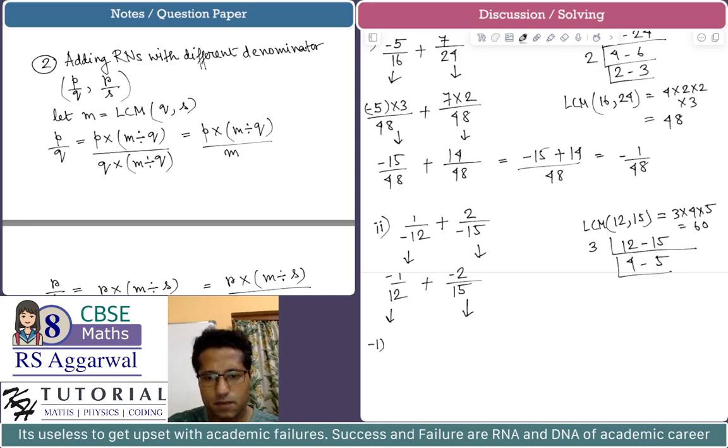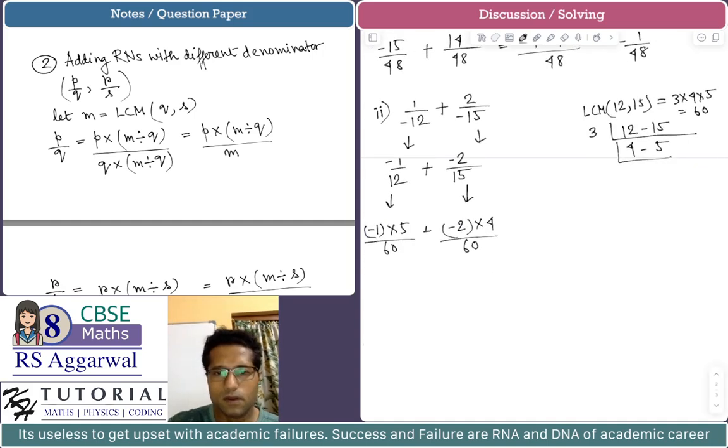So this becomes minus 1 into 5 divided by 12 into 5, which is 60. And to convert minus 2 by 15 to its equivalent rational form, so that the denominator is 60, we have to multiply both the numerator and the denominator with 4, because 15 into 4 is 60. So this becomes minus 2 into 4 divided by 60.